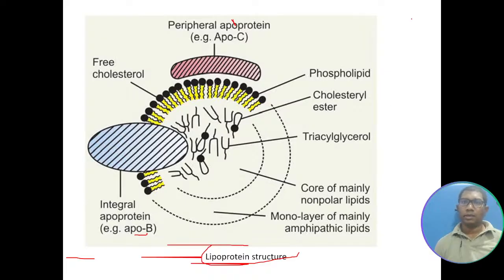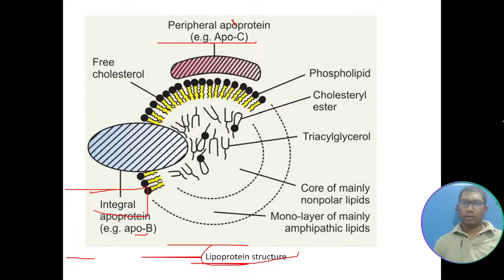Apoprotein C is in the periphery, known as a peripheral apoprotein, and apoprotein B is submerged in the structure, as it is integrated in the structure.